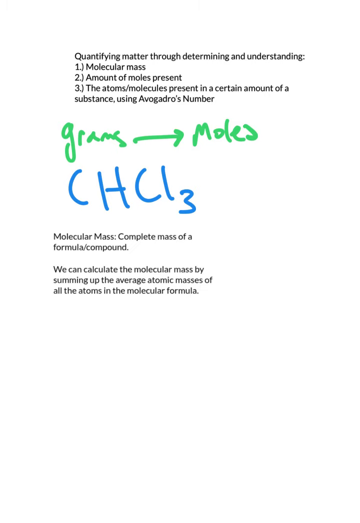Well, the molecular mass is the complete mass of a formula or a compound. We can calculate the molecular mass by summing the average atomic masses of all the atoms in the molecular formula. Essentially, it's the average atomic masses for each atom involved in the compound summed up together.